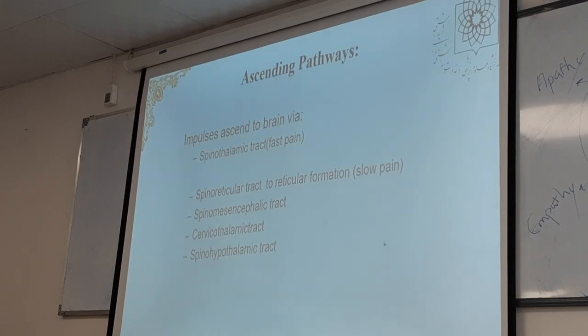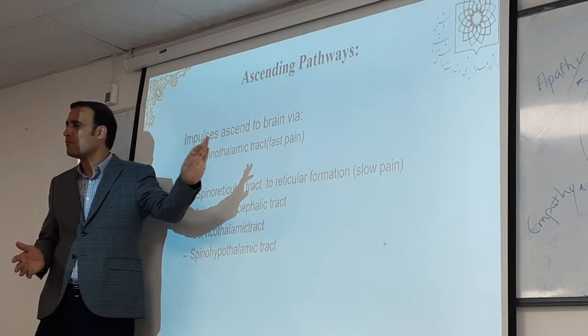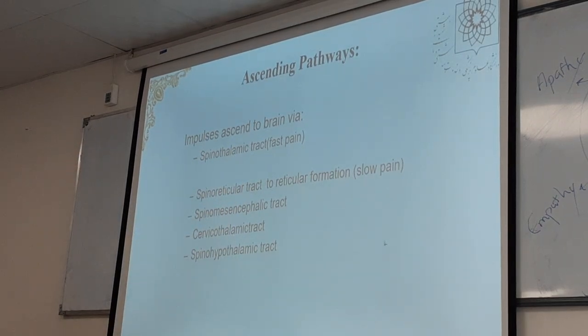But when you have a pain and you are not able to sleep, and you use medication and the pain stops, you say, yes, I was able to sleep deeply. You know why? This pathway is stopped. I hope everybody understands the importance of the spinoreticular pathway.